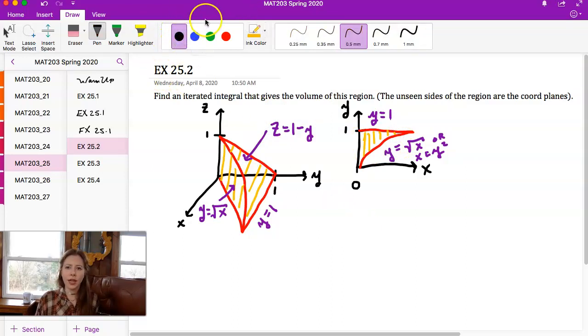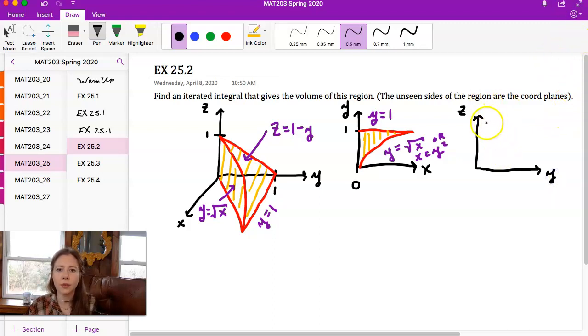And now let's look at it again for z versus y, for example. Okay, so this back plane here. So this is z versus y. So for this, we have 1 and 1.